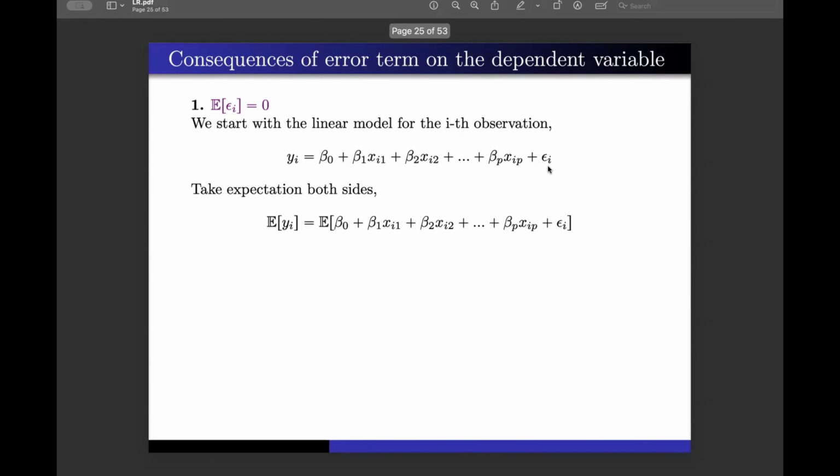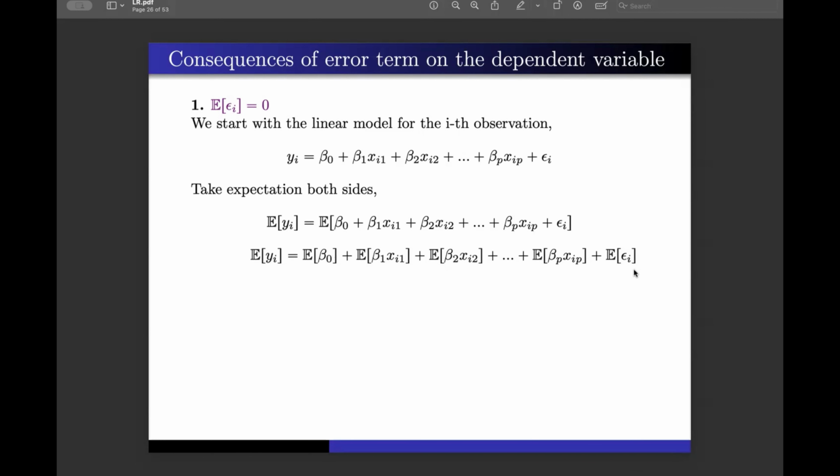Now let's take expectation on both sides. On the left hand side you would have the expectation of yi, and on the right hand side you would have the expectation of this entire quantity. We know the linearity property of expectation. Using that property, we can write this equation as the expectation of beta naught plus the expectation of beta 1 xi1 plus the expectation of beta 2 xi2, so on and so forth, plus the expectation of ei.